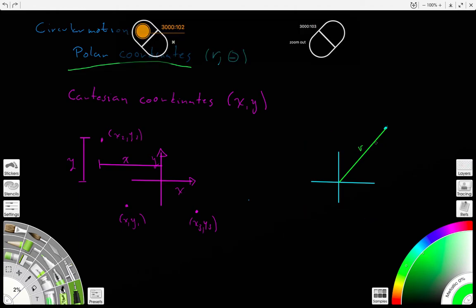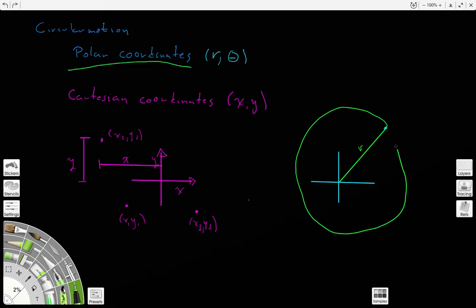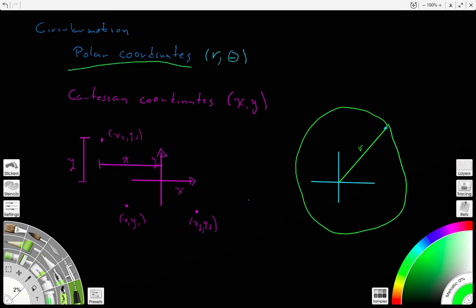And with only a value of r, I could have any point within this circle. Oh, that's a horrible circle. So imagine that that's a circle. If I only specify r, my point could be at any point along this circle. So I need to specify an angle at which that point is. So I specify this angle right here. Given some radius and given some angle, I can specify where my point is.